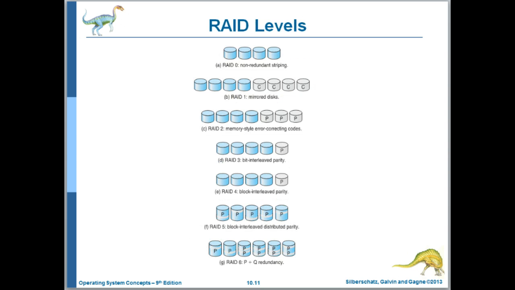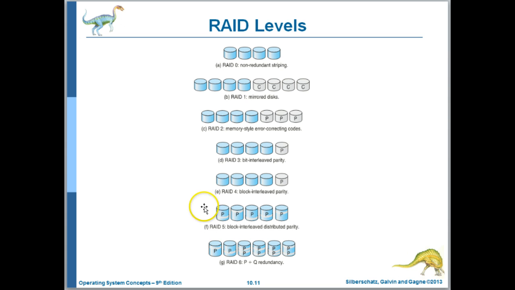All right, so here's a figure. So here we have RAID 0 striping. So imagine logical block 0, 1, 2, 3, 4, 5, 6, 7. Here we have mirroring. So these 4 disks are mirrored by these disks.